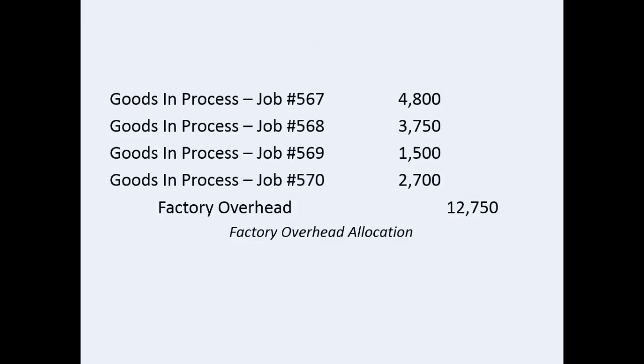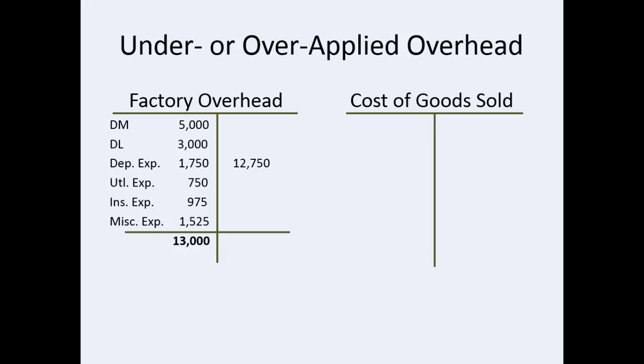Goods in process is debited because you're moving it out of factory overhead. You're allocating it, crediting factory overhead and debiting goods in process, and tracking it in job order costing to each individual job. Now, what if your estimate's off? In this example, we have total actual expenses of $13,000, but throughout the year, using a predetermined overhead rate, I only applied $12,750.